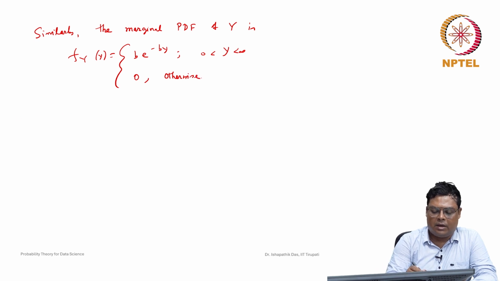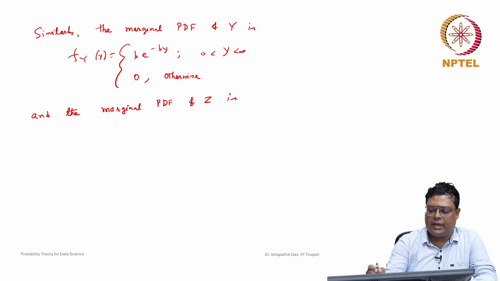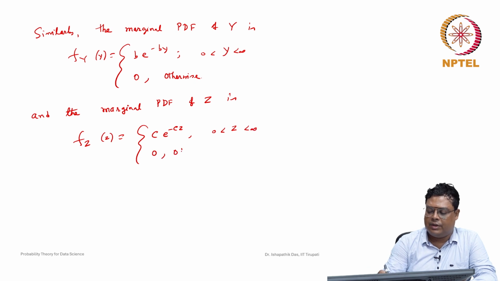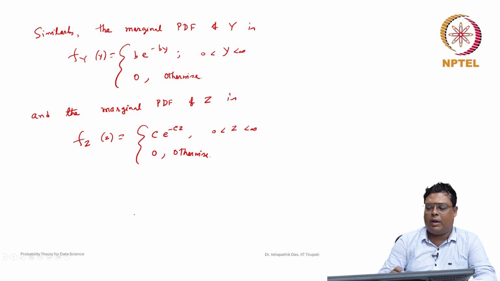And the marginal probability density function of z is c e to the power of minus cz, for z greater than 0 and less than infinity, 0 otherwise.